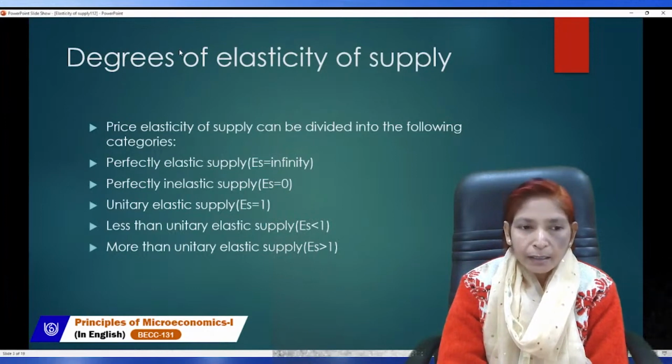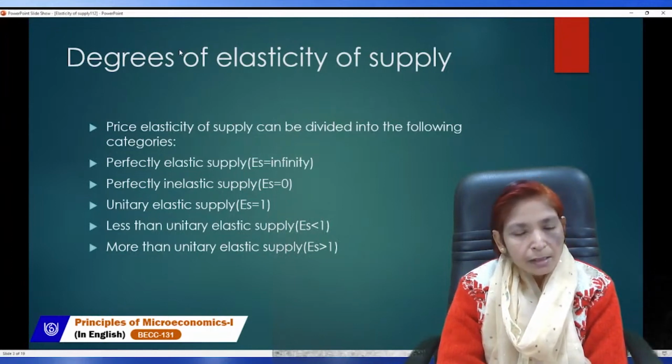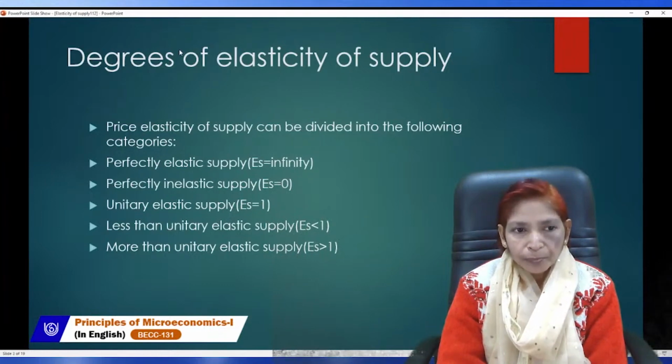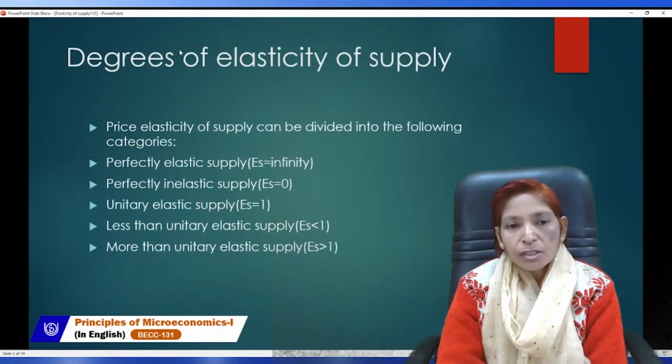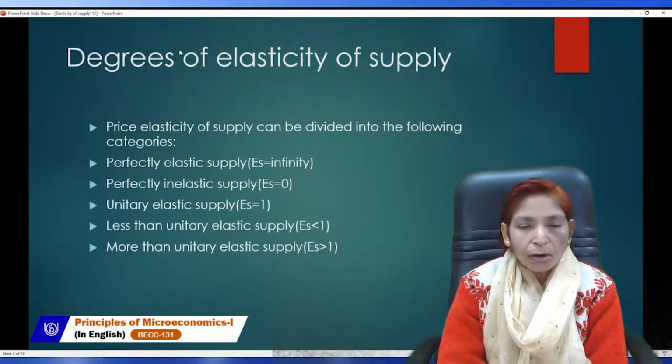The second degree is perfectly inelastic supply. When supply can't change, supply remains constant. Whatever change in price occurs in the market, supply will not change. That is called inelastic supply. In this case, elasticity of supply will be equal to 0. And in case of elastic supply, supply can change at any time, whether price changes or not.